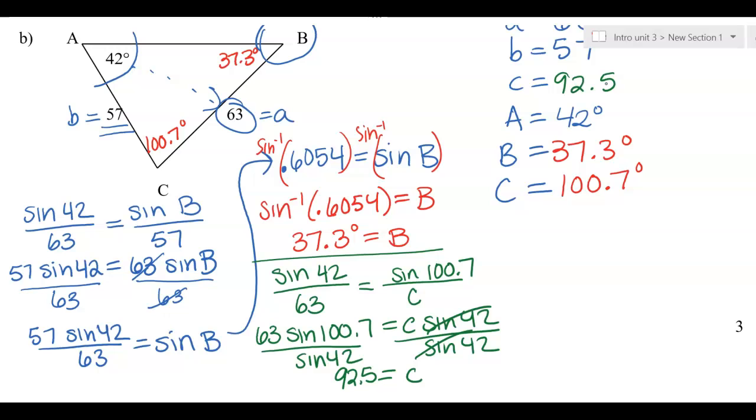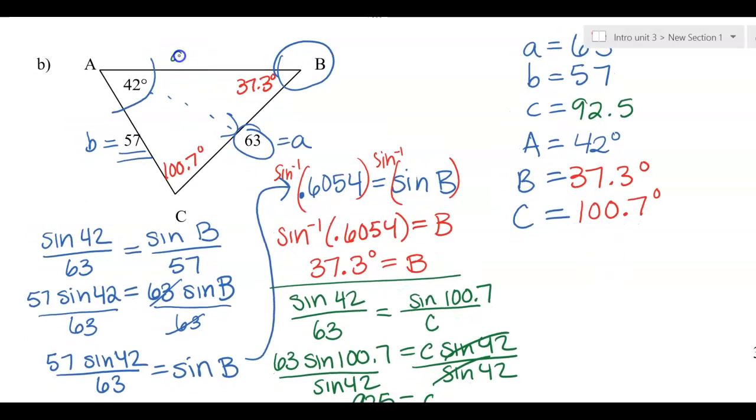If you're concerned about how big that number is, remember it is across from the largest angle in this triangle, and that largest angle is significantly bigger than the other angles in the triangle. 100 is a lot more than 37 or 42 degrees, okay? Any questions on using the law of sines? You sure? No? All right, take 1 minute at your table before we talk about the law of cosines.